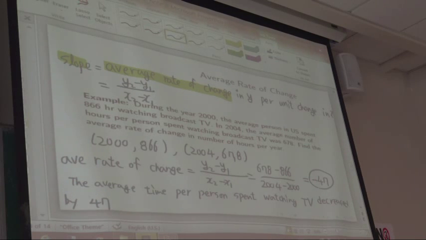When this is positive, it is obviously an increase, but this is negative, so it is a decrease.